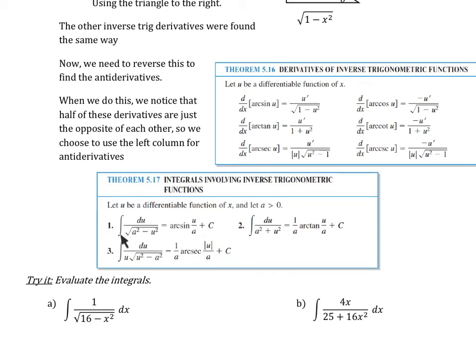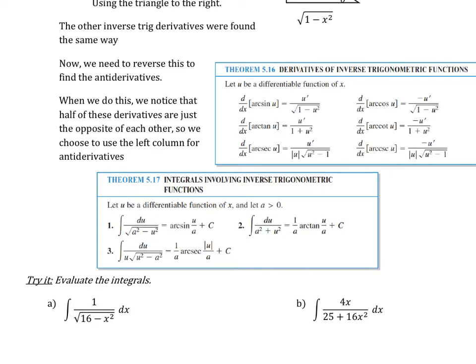The antiderivative of du over the square root of a squared minus u squared comes out to be this. Now, where is that a coming from? I'll show you as we look at some of these examples down below. But you should see the connection between these up here and this here.